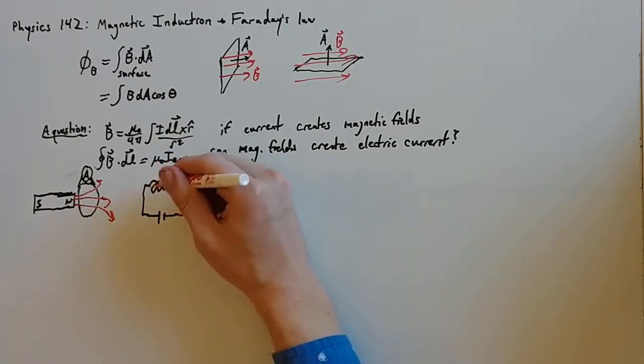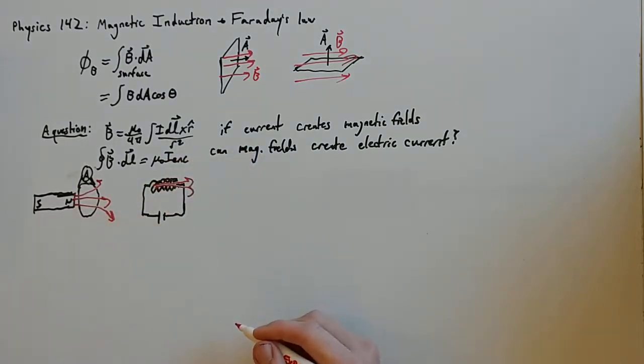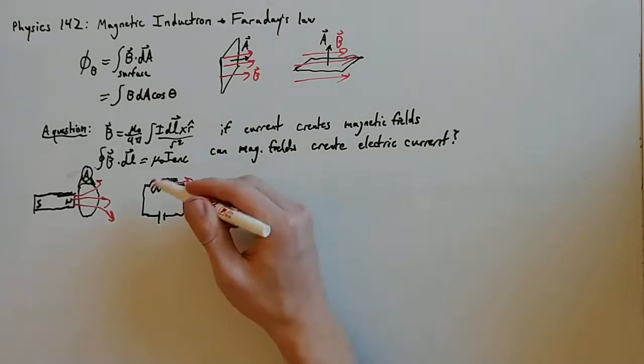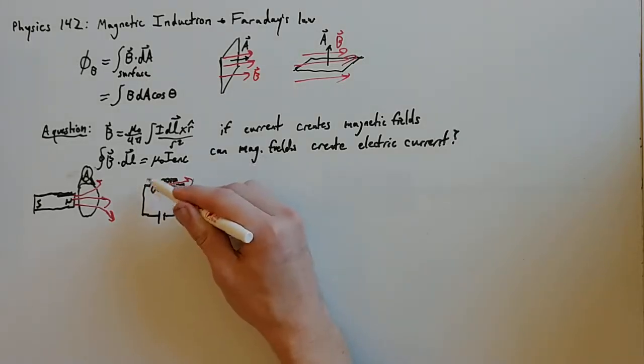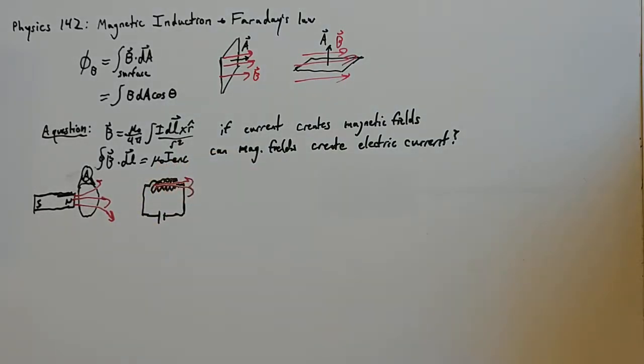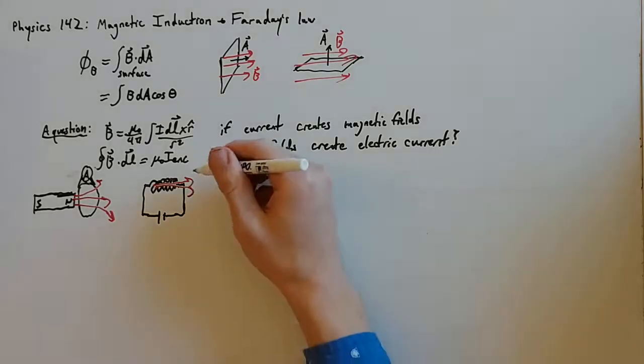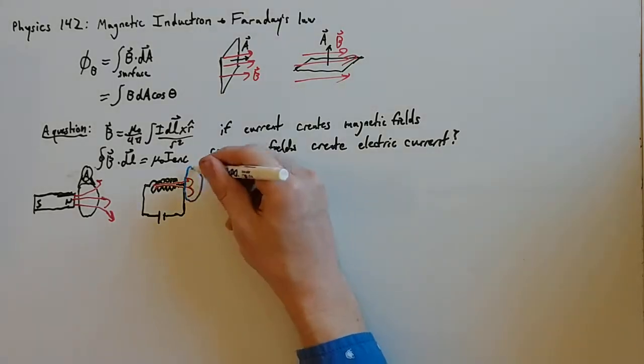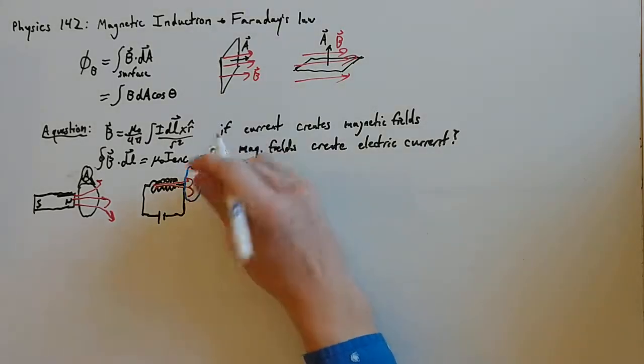By the way, these many loops together get a special name. It's called a solenoid. So if you ever hear anyone talking about solenoids, they're just talking about many, many loops together. And so again, you create some magnetic field, and then you take another loop, a second loop, and again we're going to measure.